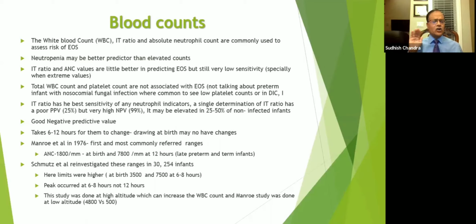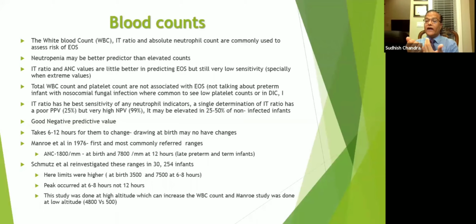And even then, that does not really have a great positive predictive value, and you will see a little bit lower. The IT ratio, which is also called immature to total, not immature to neutrophil only, it is total. That means when you're calculating IT ratio, it is immature, which is band count, and in that band count, you actually have to incorporate metamyelocytes, because sometimes you'll see in newborn CBCs the band count, and then you will see metamyelocytes.